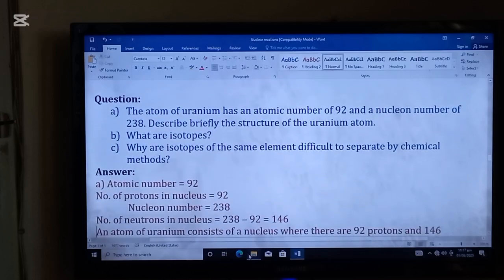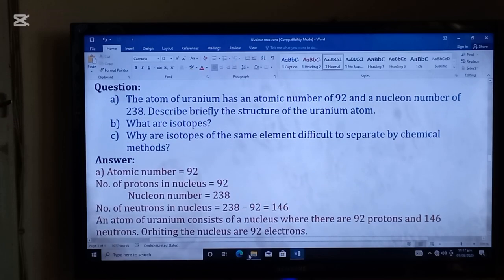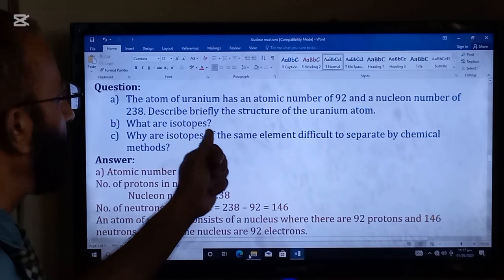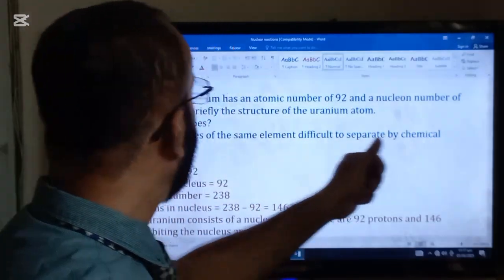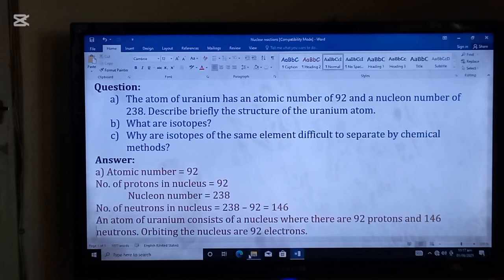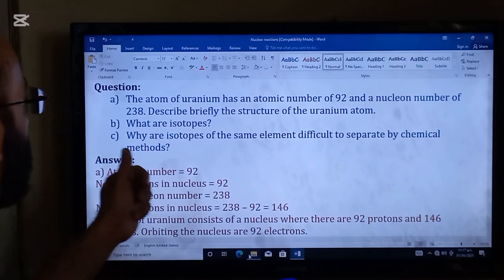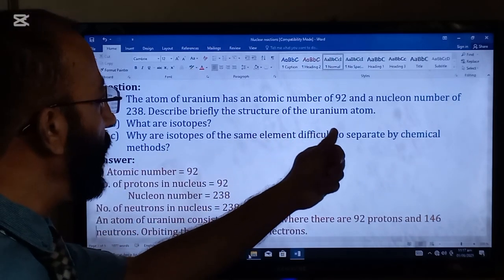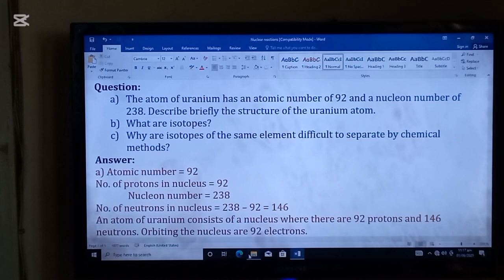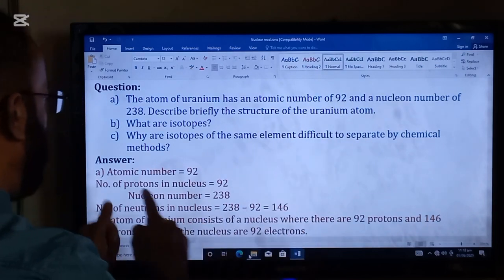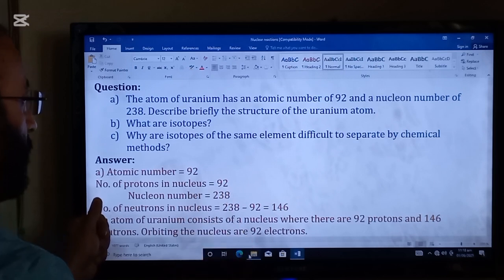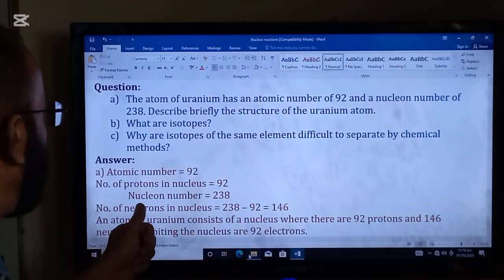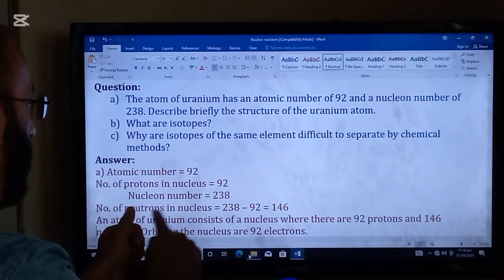And another question is here. An atom of uranium has an atomic number of 92 and a nucleon number of 238. Describe briefly the structure of the uranium atom. So the atomic number is 92. It means the number of protons in it will be 92, whereas the nucleon number is 238.